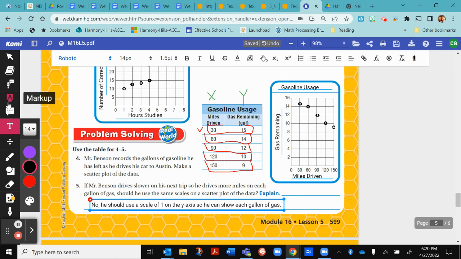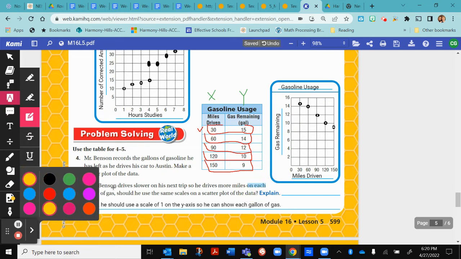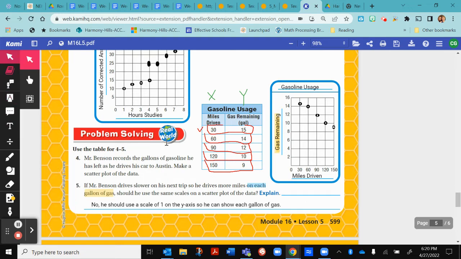Maybe I should have reiterated that part. So this is on each gallon of gas, right? So we have to look at this portion right here. Rather than skip counting by 2s, we're going to skip count by 1s because he's looking at getting more miles to the gallon. Okay. All right. Let's go to the next part.